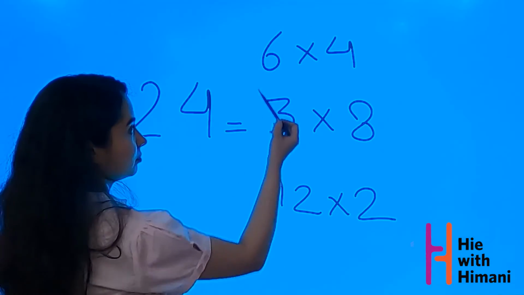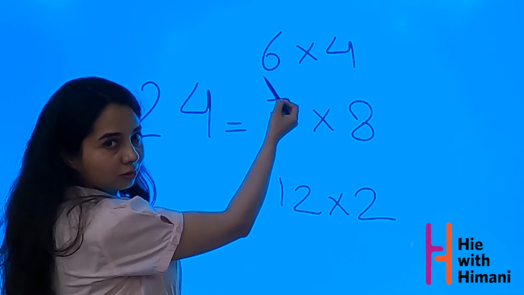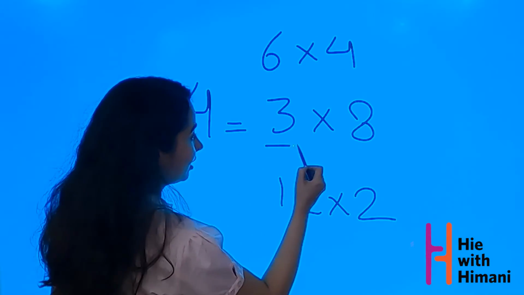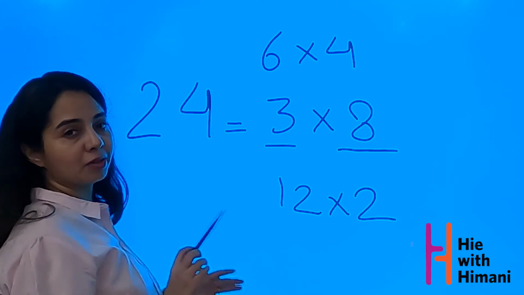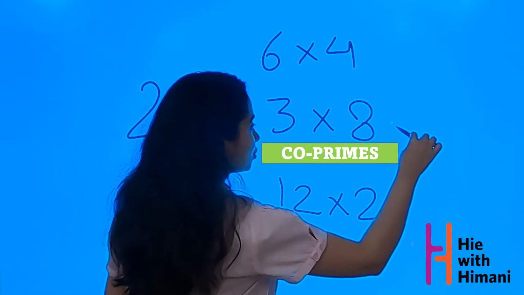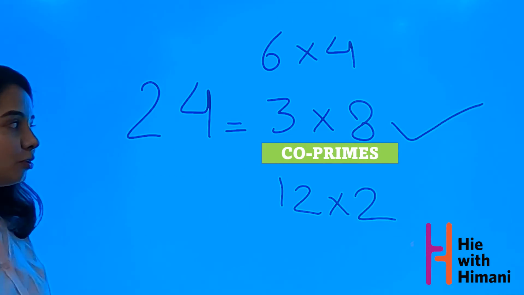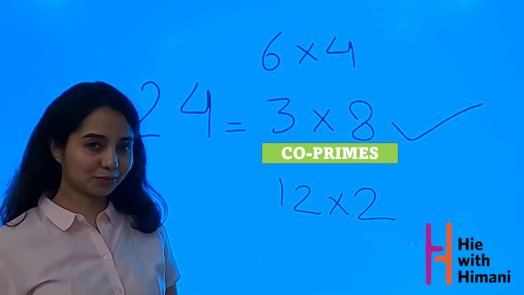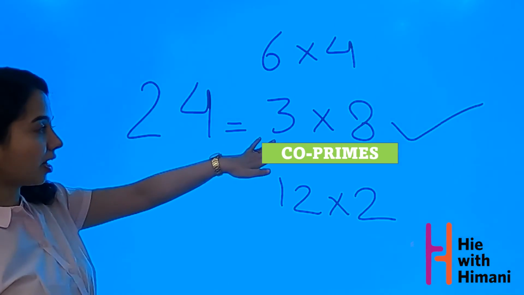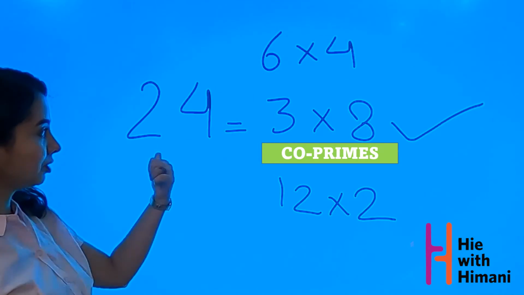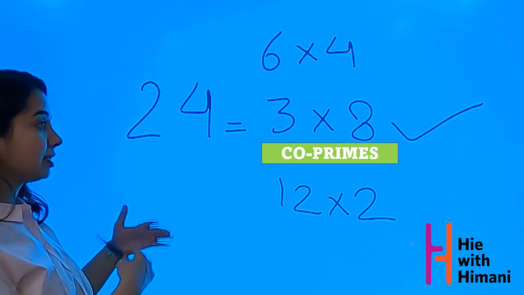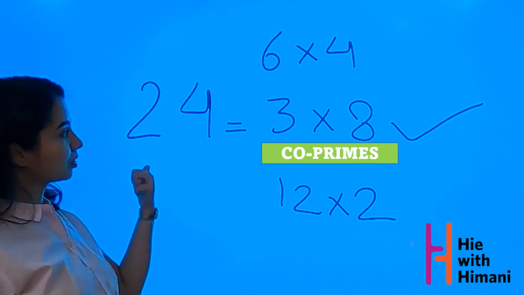That is 2. 6 is also divisible by 2 and 4 is also. But 3 and 8, they don't have any common factor except 1. So they are co-primes. I will choose this as the divisibility rule of 24. So I can say that if a number is divisible by 3 and also by 8, then that entire number will also be divisible by 24.